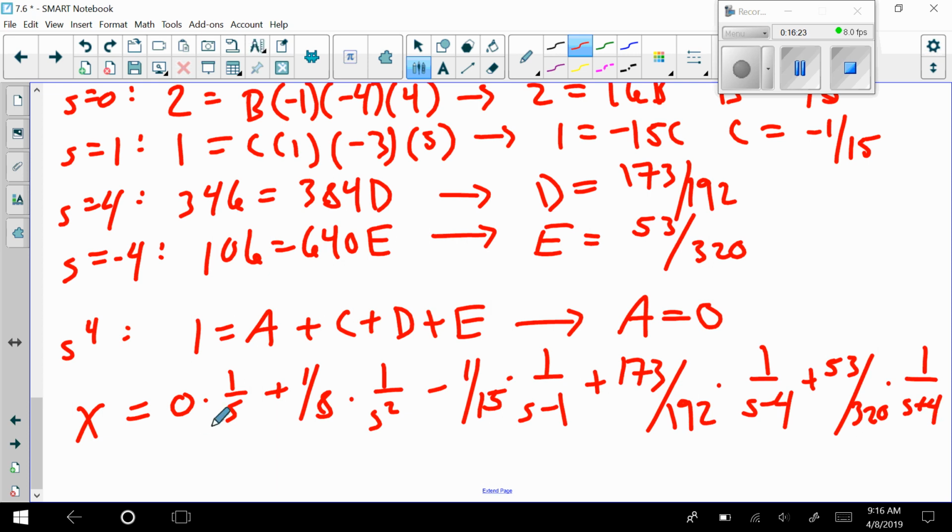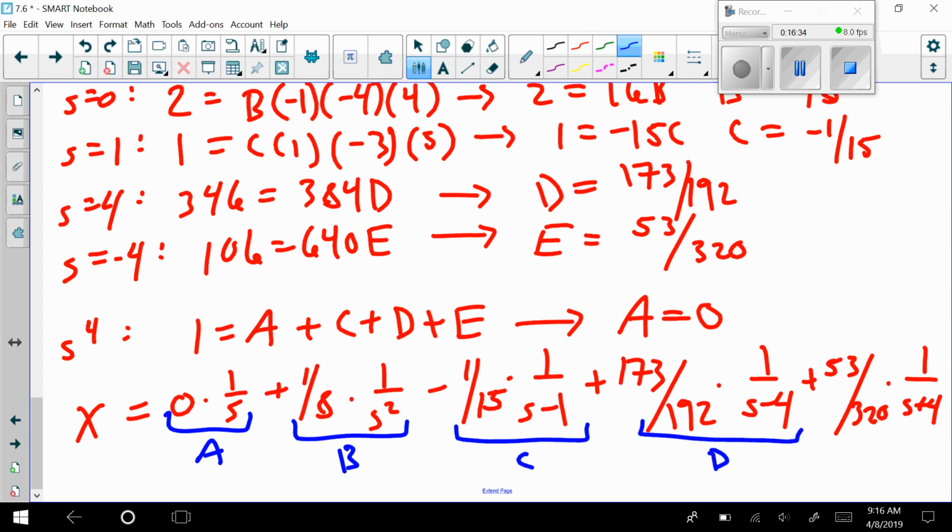Let's see here. This one here represents the A spot. This one here represents the B. Here's my C, D, and E. So I feel like I got them all.